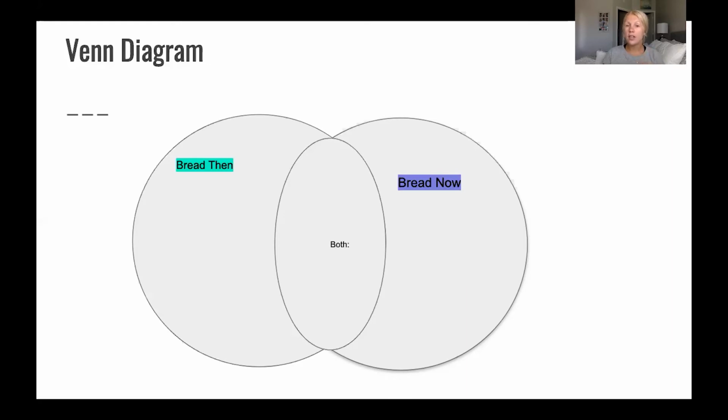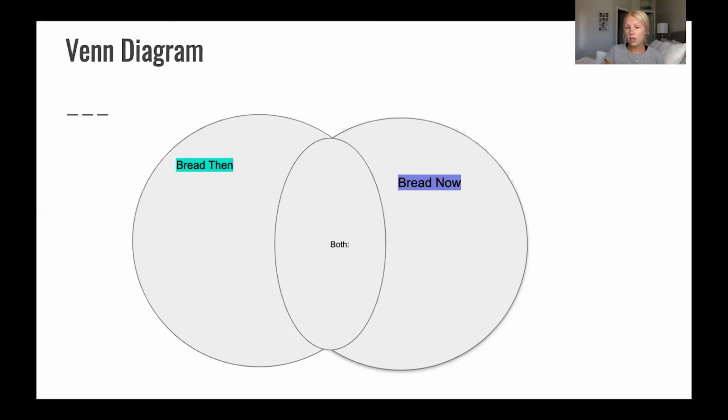Our topic of our text is bread. We are going to be comparing bread in the past, bread's history and what bread used to be like, with bread now. So in your Venn diagram, I want you to have bread then on one side and bread now on the other.